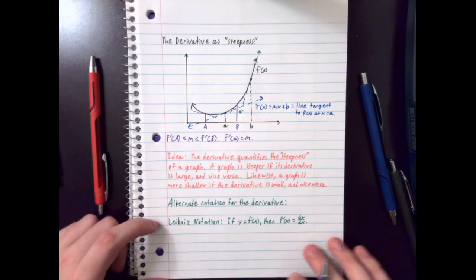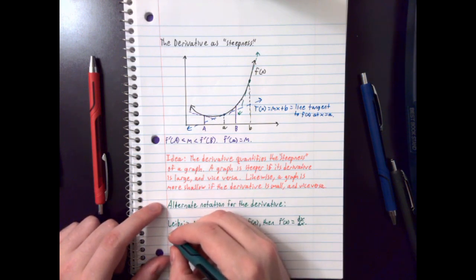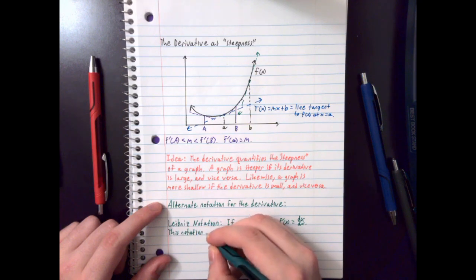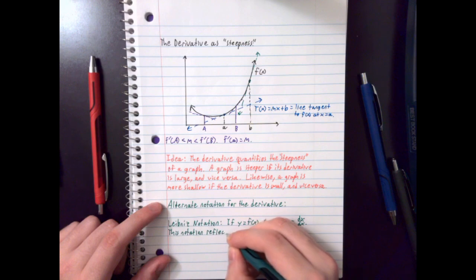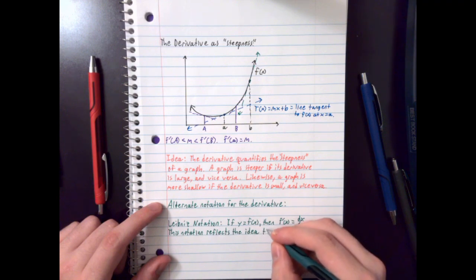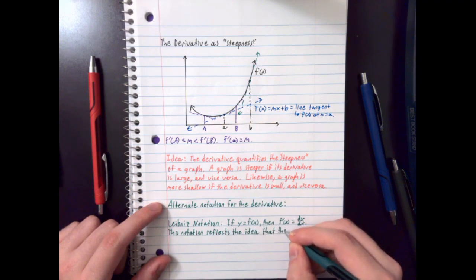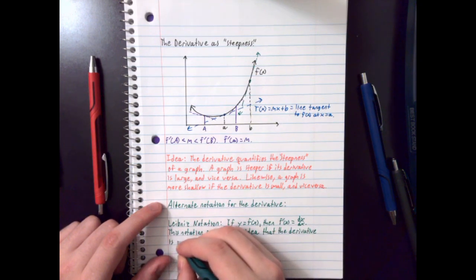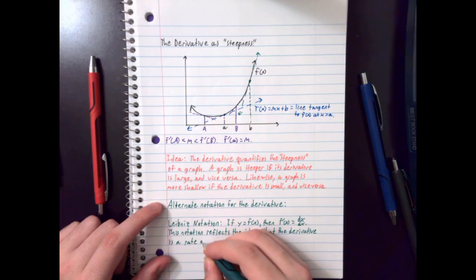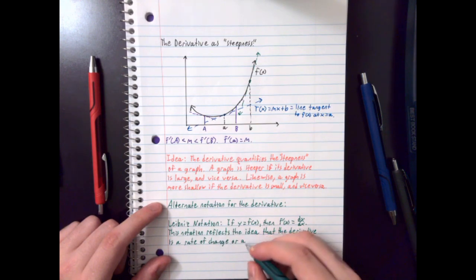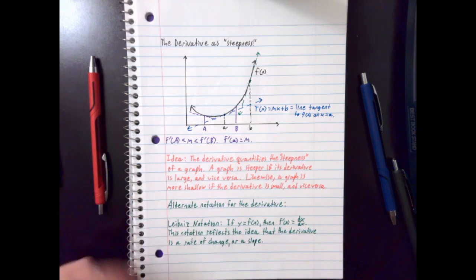And in some contexts, it's better to use this notation because it reflects the idea that the derivative is a rate of change, or a slope, these two things being the same thing.